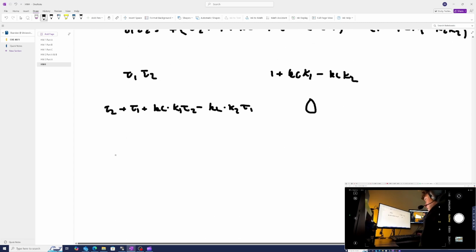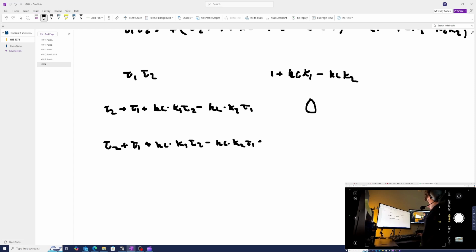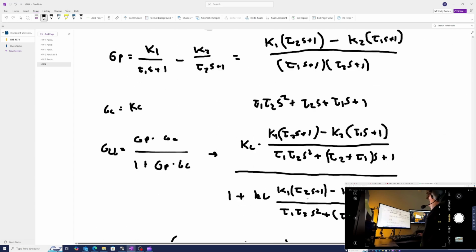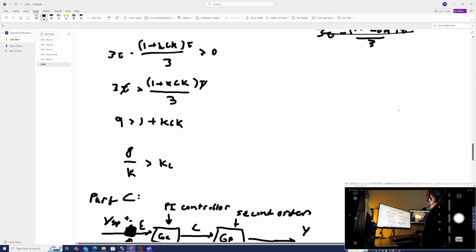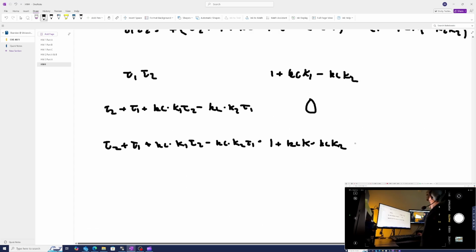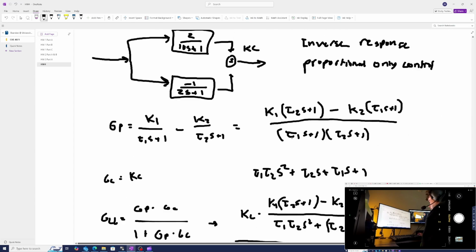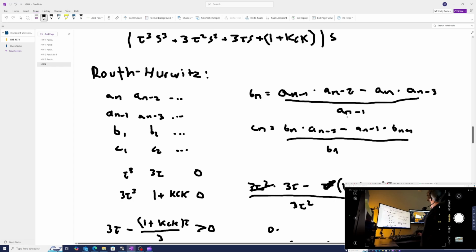So that gives us tau 2 plus tau 1 plus KC times K1 tau 2 minus KC times K2 tau 1 times 1 plus KC K1 minus KC K2, minus our an and an minus 3, which in this case is going to be 0 because our an minus 3 is 0. And this is all divided by an minus 1.